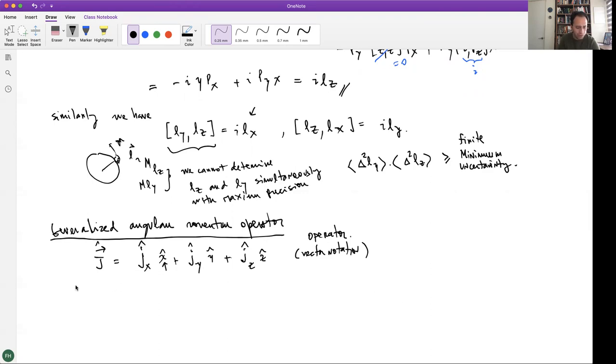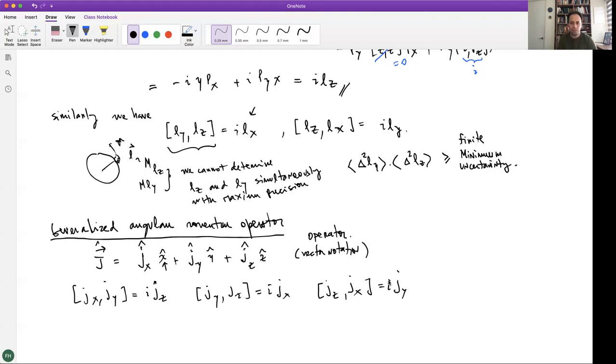So the components of this general angular momentum operator, we can define as having this set of commutation relations. So this is [Jx, Jy] = iJz, and [Jy, Jz] = iJx, and [Jz, Jx] = iJy.